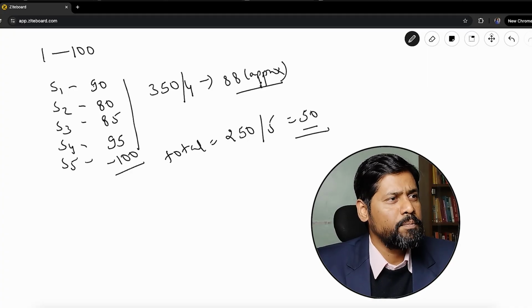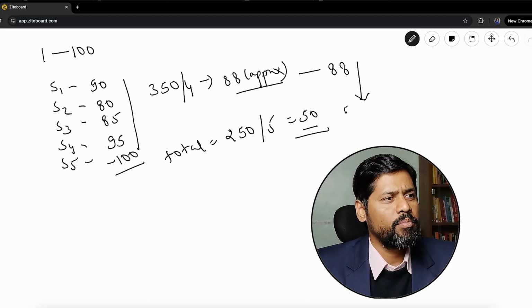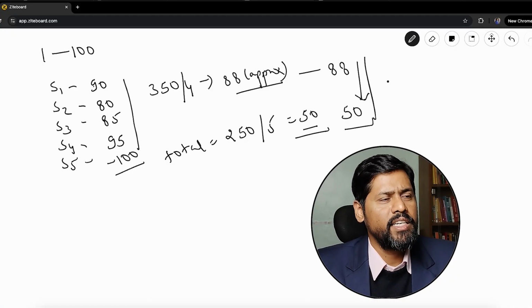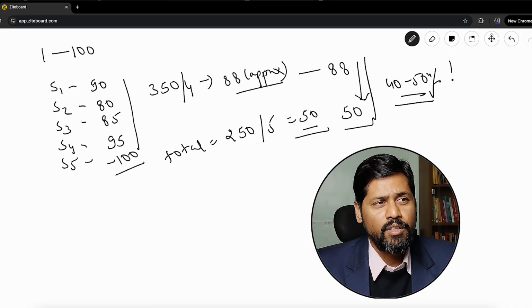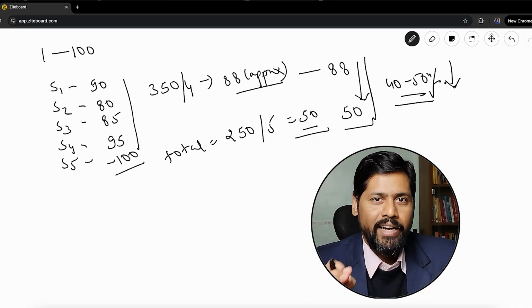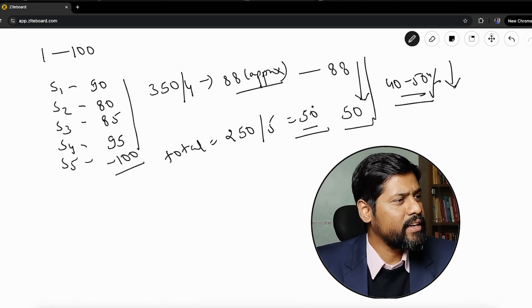So as you can see, first one is 88. The average basically dropped to 50 from 88. So it's nearly, we can say, 40 to 50% of reduction in the prediction. The prediction has dropped drastically because of this outlier. Which is the outlier here?